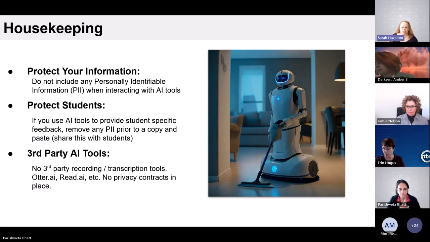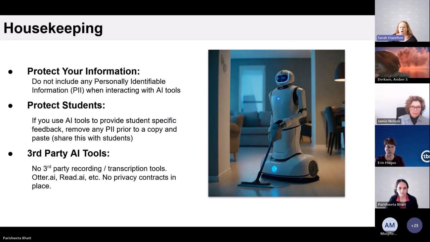Remove names, email addresses, and any identifiable information, not only from your own inputs but also from anything that might have students' or other users' information in it. Also, we do not recommend using third-party tools.